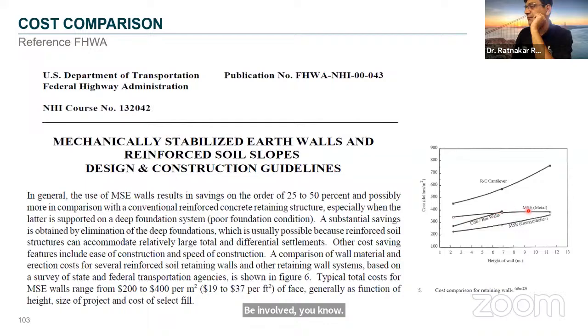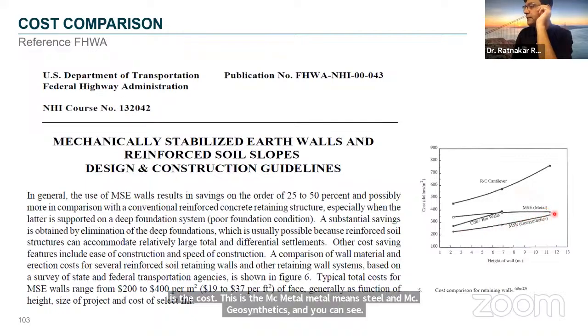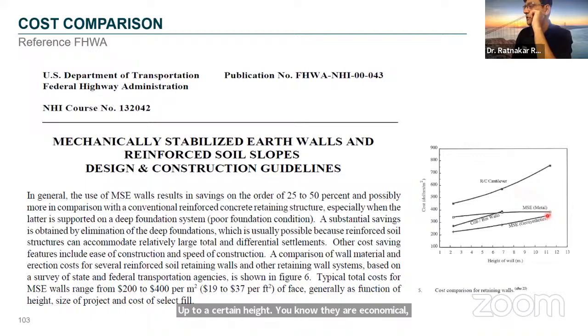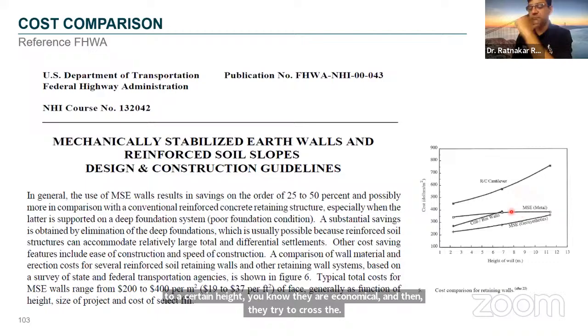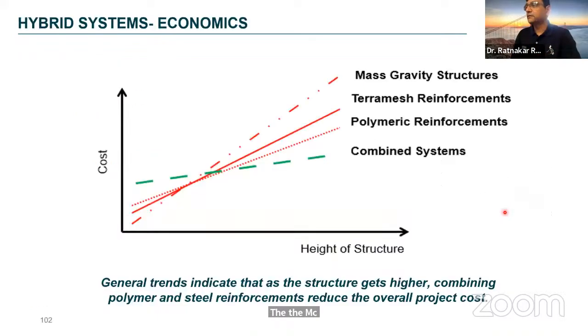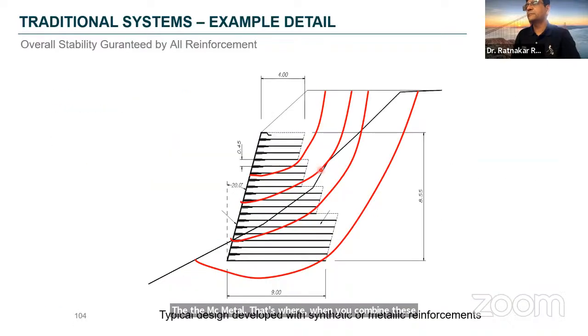This is the MSE metal, meaning steel strips, and MSE geosynthetics. And you can see up to a certain height, they are economical, and then they try to cross the MSE metal. That's where when you combine these steel and polymeric, the cost effectiveness is achieved.